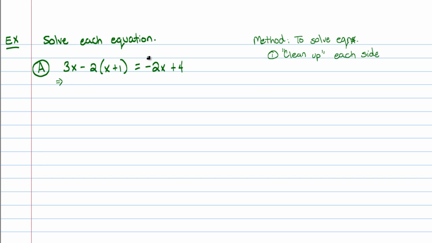It's not like that. You have an equation and you do some work to make it an equivalent equation. So this implies, that little arrow means implies, that 3x minus 2x minus 2 is equal to a negative 2x plus 4, which implies, when we combine like terms on the left-hand side, 3x minus a 2x is a single x.